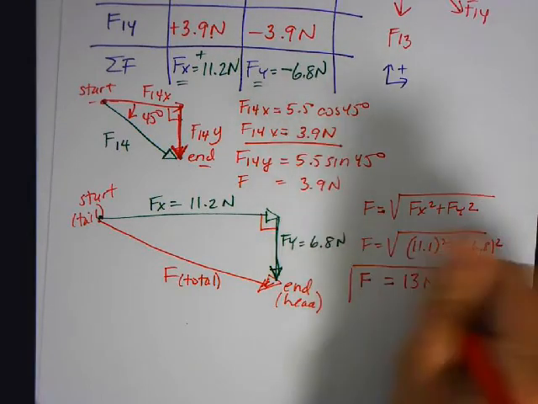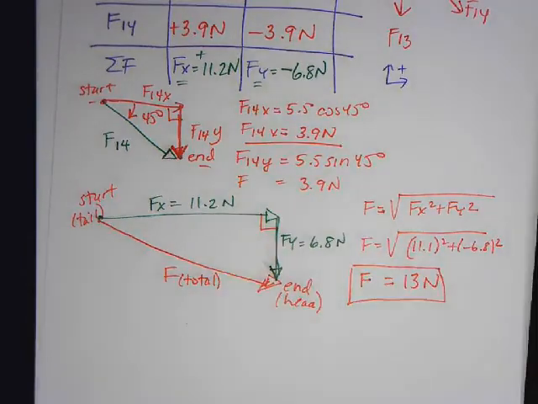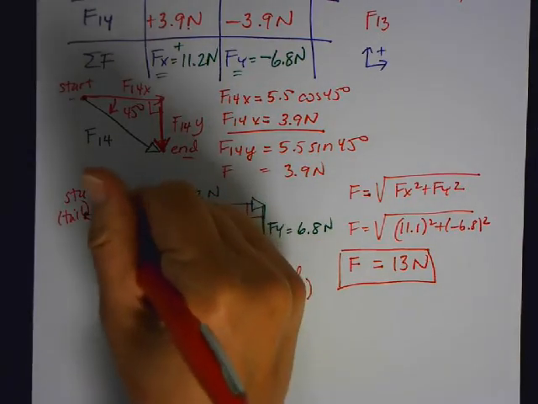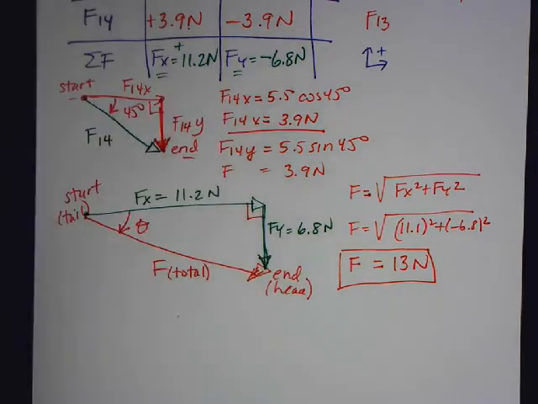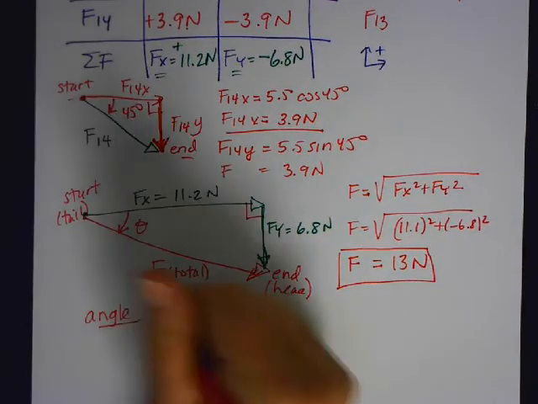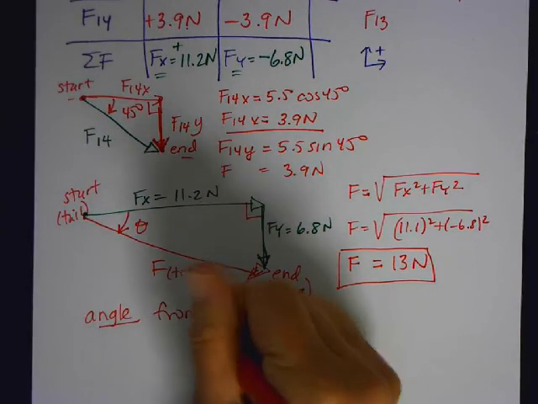And you might think, whew, that's a lot of work, but we're not done. Because we know that all vectors have both magnitude and direction. So we have to find the direction, which means I'm going to measure the angle from the tail of the resultant.